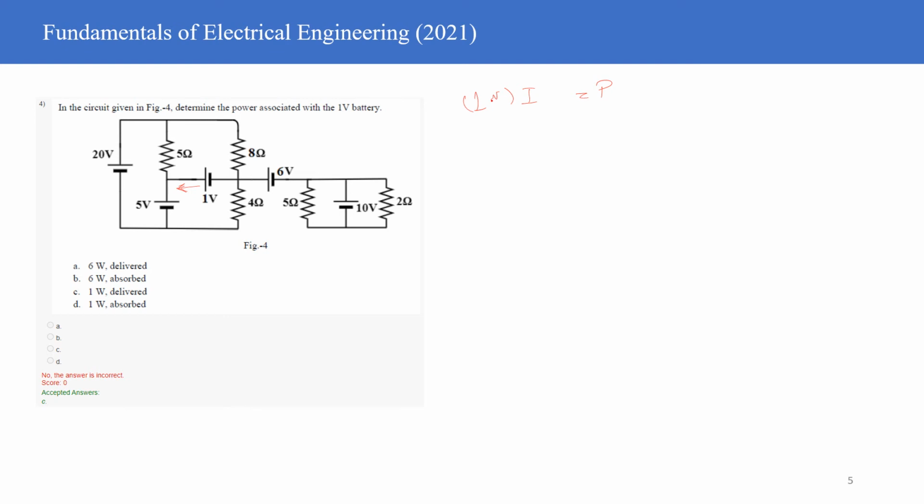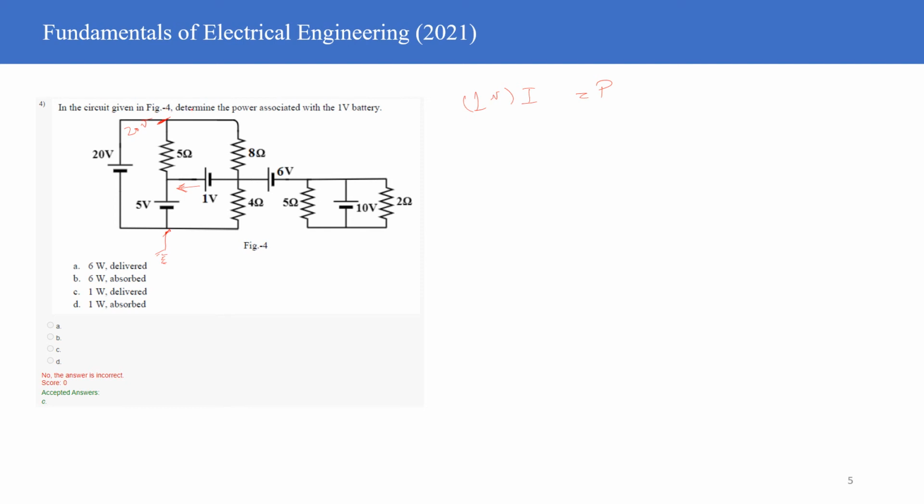So again, what is the potential if I'm grounding this particular point? What's the potential at this particular point with reference to this node? 20 volts, right? No problems here. So this is 20 volt.